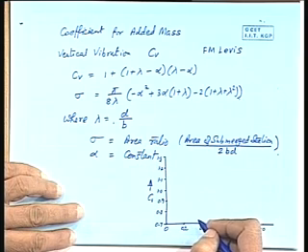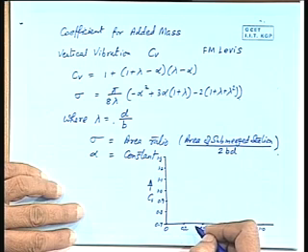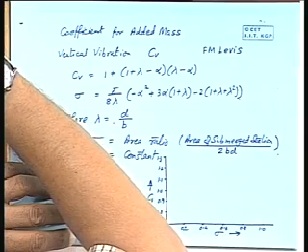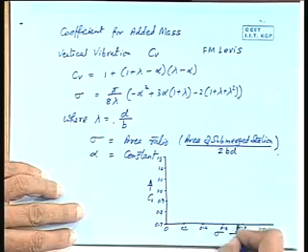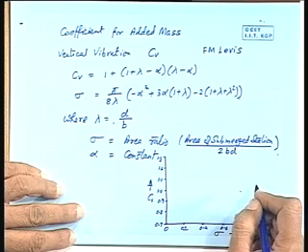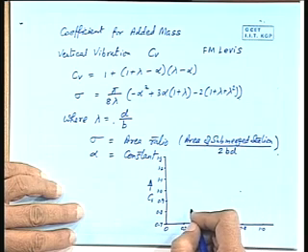CV starting from 0.7, sir. Wherever you can start here, there is no hard and fast rule.